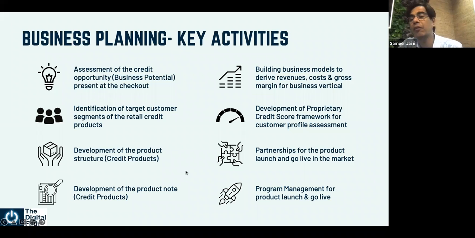You also have to develop a product note for it. When I say product note, when you think of lending, you should not start building and coding immediately. You need to figure out what you are trying to build, put in all the constraints, and then on day one itself, as you look at the opportunity, do a run with some lenders and some platforms to ensure that your platform and your needs are all taken care of.